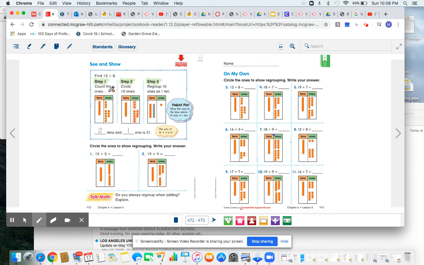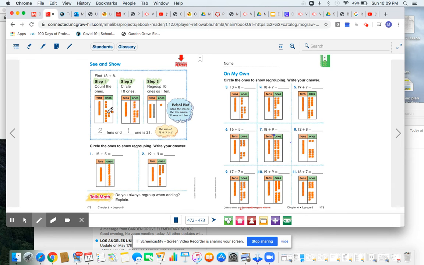We're going to count the ones first. Remember, if you are counting the ones and there is more than 10, you need to regroup them and send it to the tens place. So here we count 1, 2, 3, 4, 5, 6, 7, 8, 9, 10, 11. Okay, so there is 11 here.